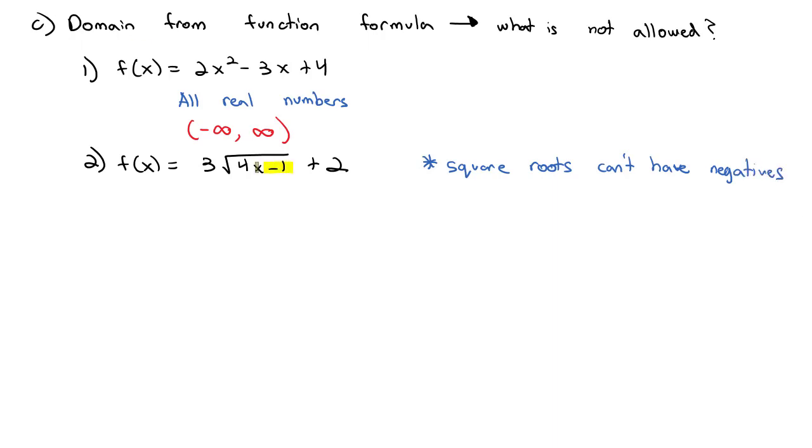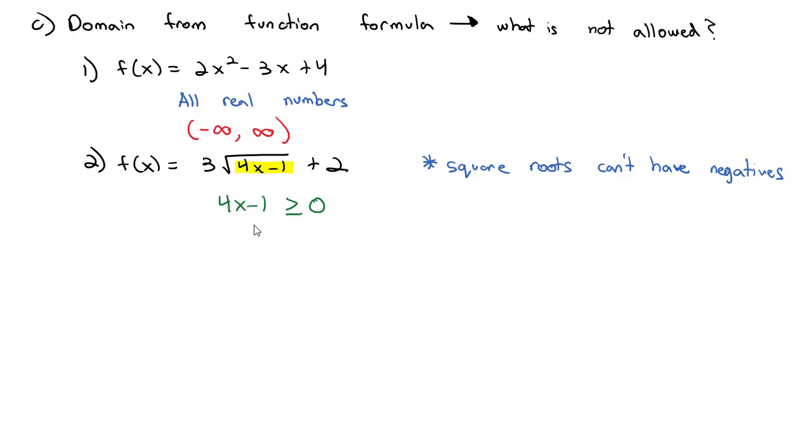In other words, this part under the square root, the 4x - 1, has to be greater than or equal to 0, because we can't have negatives. If it was negative, we can't take the square root.